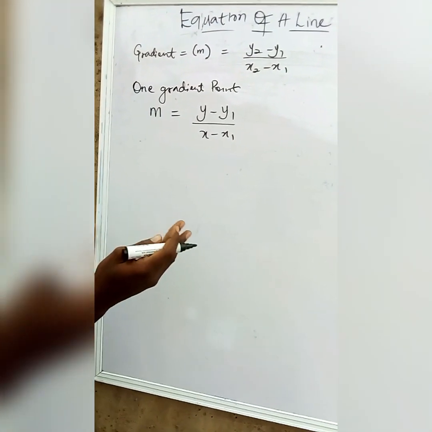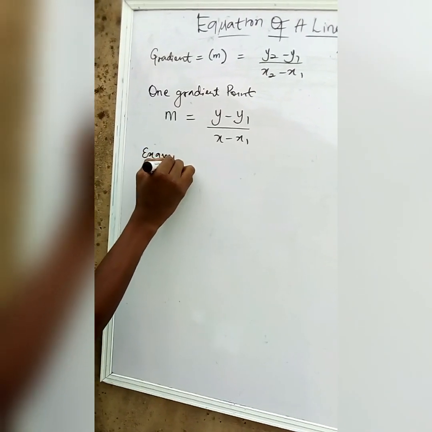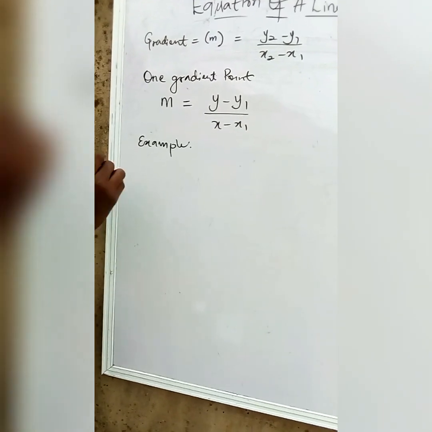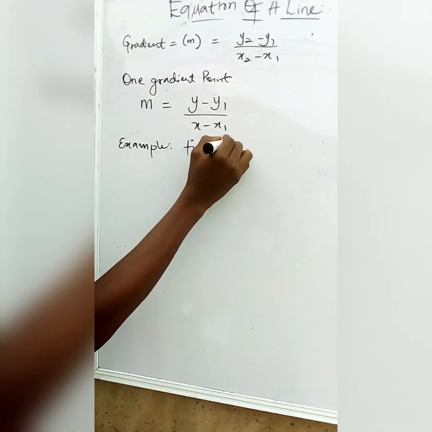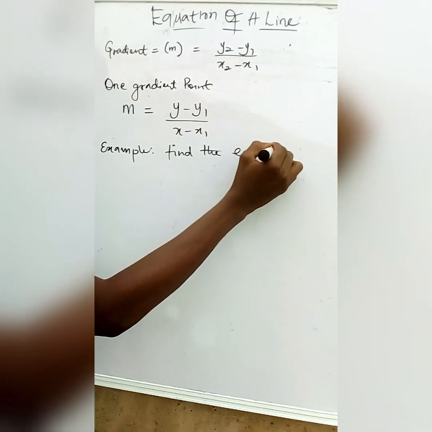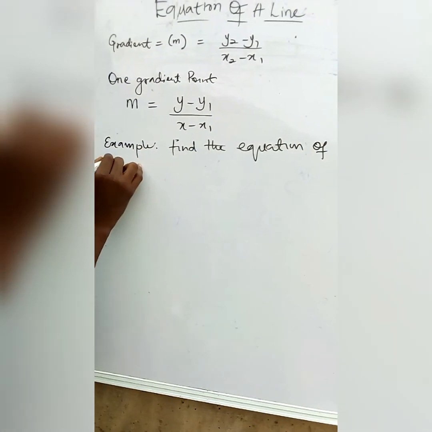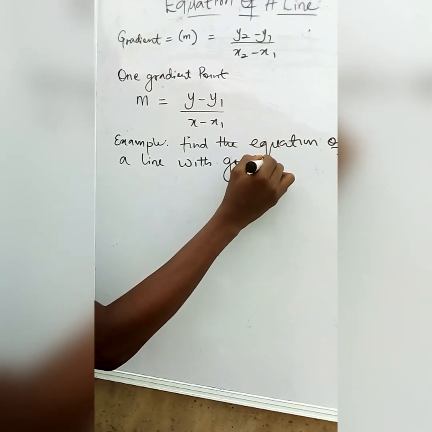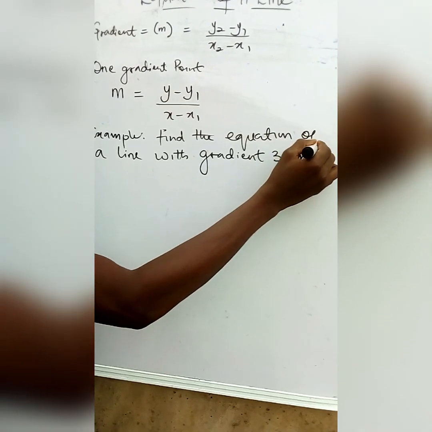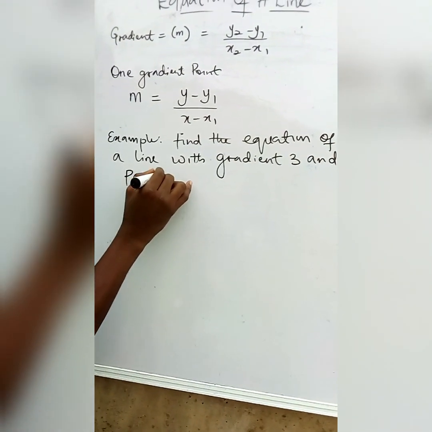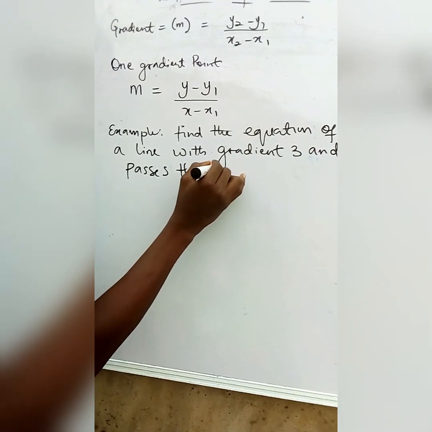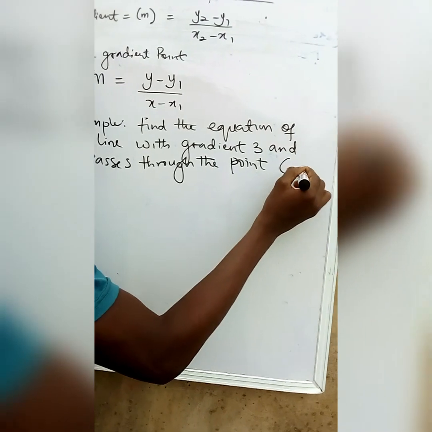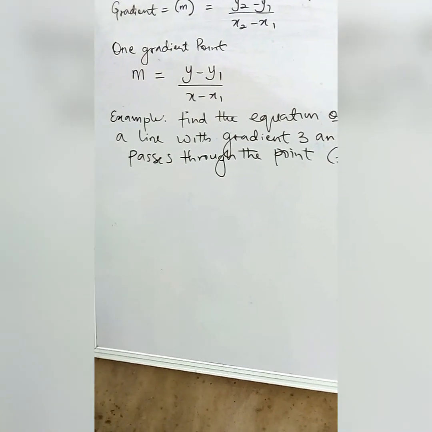Now, let's take a question. Example: find the equation of a line with gradient 3 and passes through the points 2, 3.